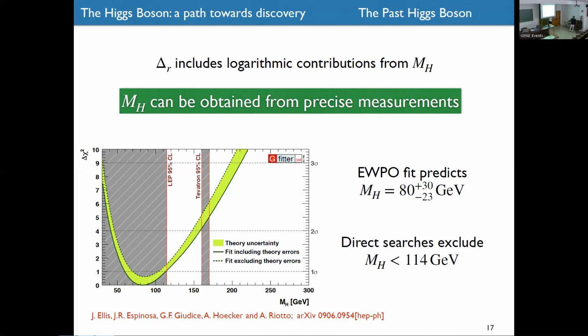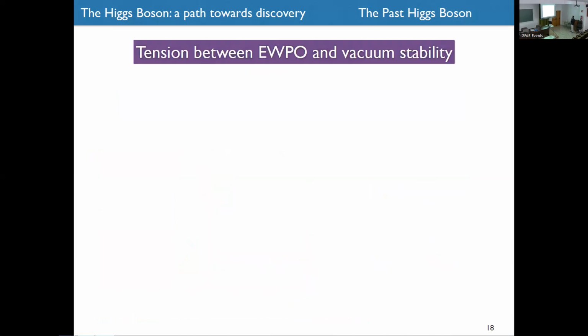The green bands are the exclusion bands from direct experiments at the lab. And you can see that these exclude the mass of the Higgs that the electroweak precision observables predict by more or less 1 sigma at least. So there is a tension here. Of course, it's not a huge tension, it's 1 sigma, but still it is large enough. Well, it's something that makes you think that maybe there's something more going on here.